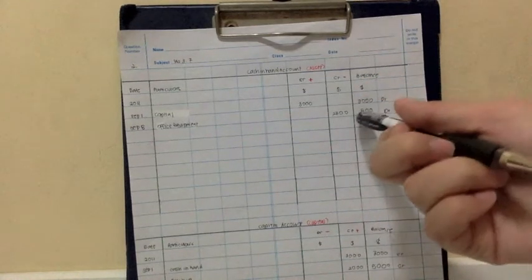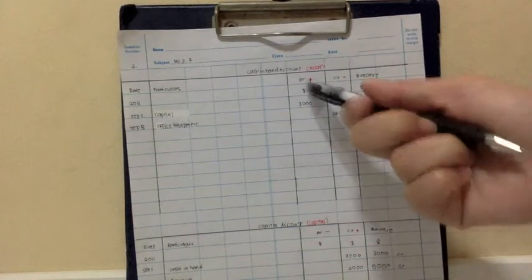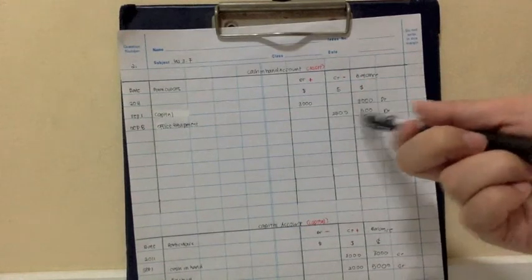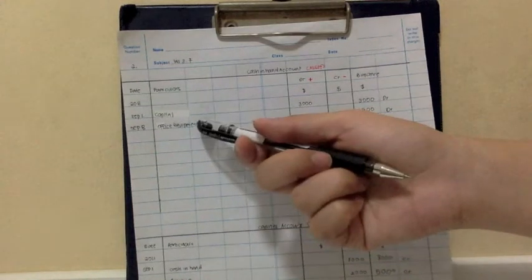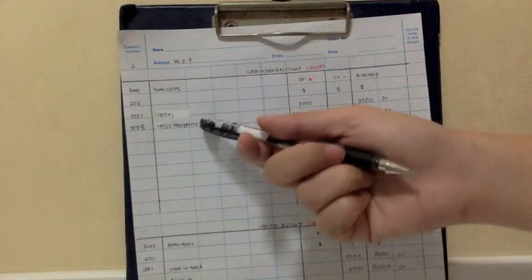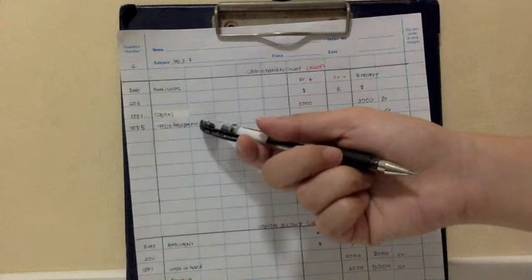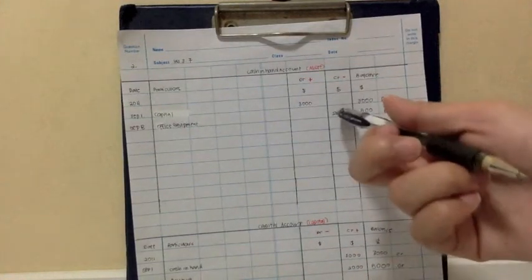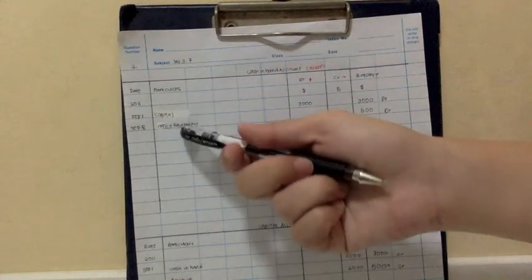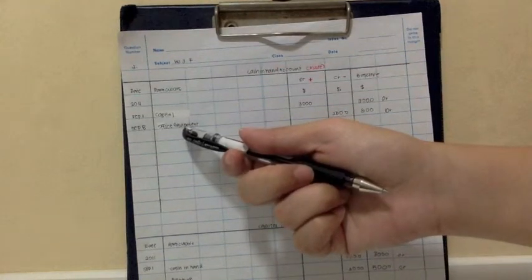There is still 500 positive, so there's still 500 debit. And for the particulars, we actually fill in the opposite, which is office equipment, meaning to say that this cash in hand decreases by 2,500 because they bought an office equipment. So this is how you can interpret accounts.